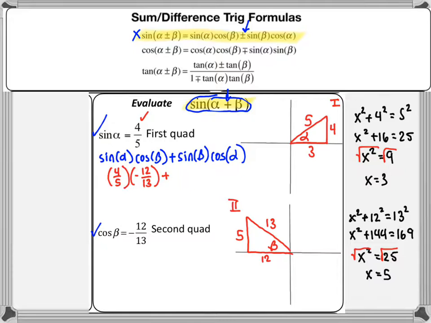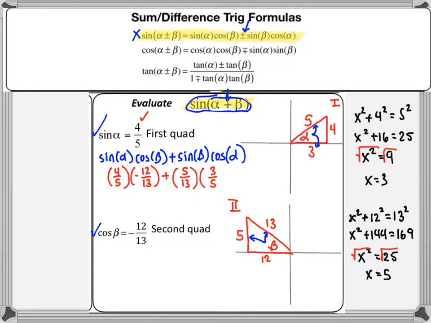Now I have the completed triangle, and I can read the opposite over the hypotenuse, and it's in the second quadrant where sine is positive, and so that's going to give us a positive 5 over 13, and we got the cosine of alpha. For the cosine of alpha, we have the side that we got from the Pythagorean theorem, we got 3 over 5, adjacent over hypotenuse, and so therefore we have 3/5.